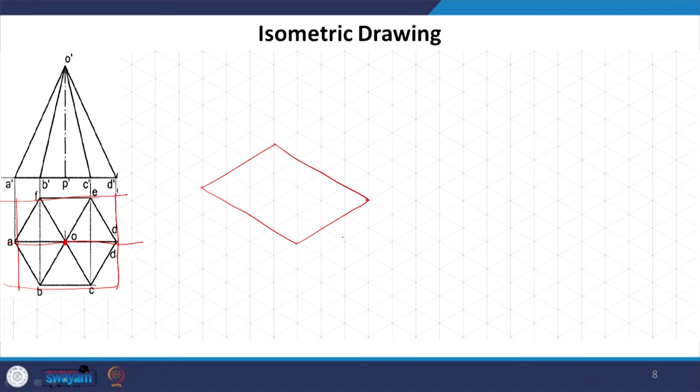Okay. So, let us see this B, C, A, F, E and D. Okay. So, these are the points which you would have.